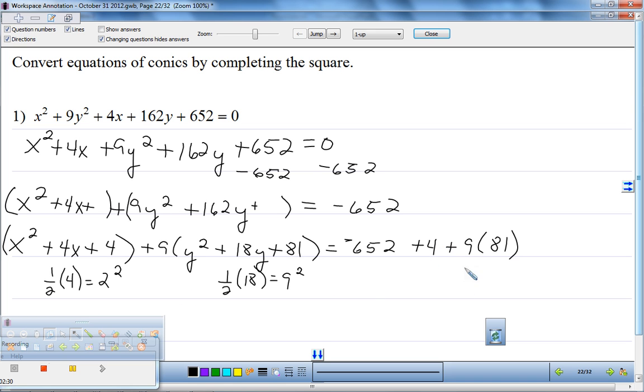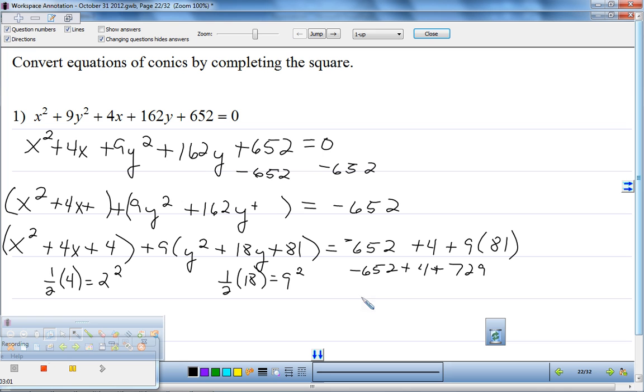Okay. Now for that, we're going to go ahead and combine all this. So we end up with negative 652 plus 4 plus 9 times 81, which will give us 729.